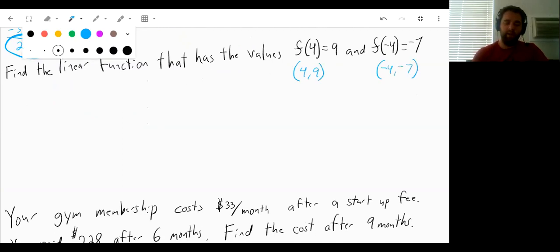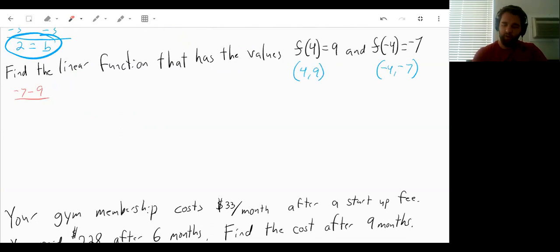Now we can go ahead and we can start out finding the slope. So y2 would be a negative 7 minus y1, which is 9, over x2, which is negative 4, minus 4. Well, negative 7 minus 9 gets us up to a negative 16. Negative 4 minus 4 gets us to a negative 8. And that fraction can reduce down to a positive 2.